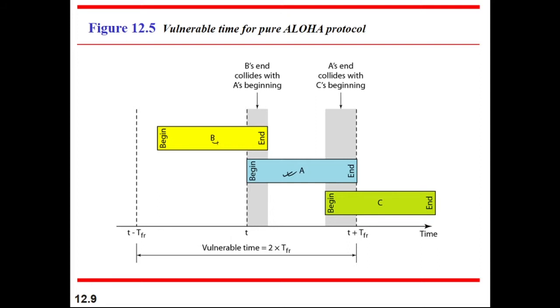So another station needs to wait for that amount of time, because if at the same time a station wants to send data, then there is a high chance of collisions. The collisions may occur.